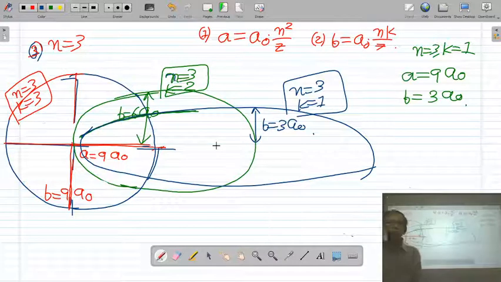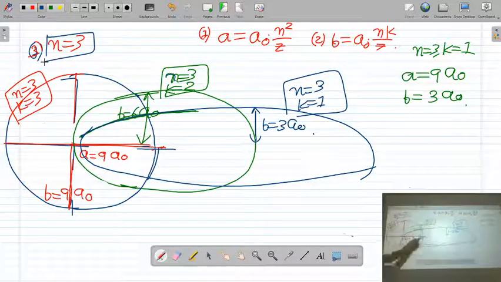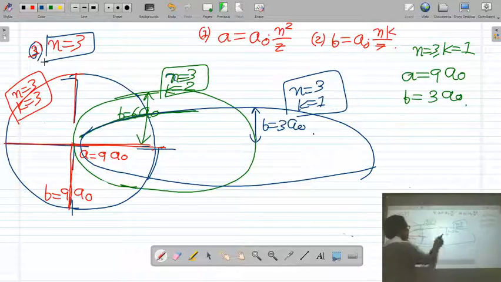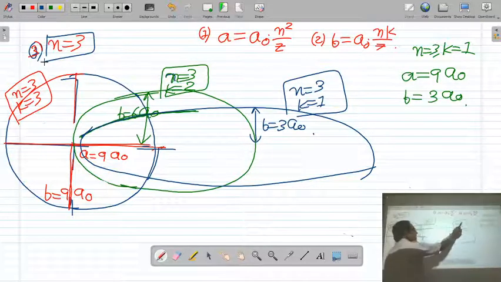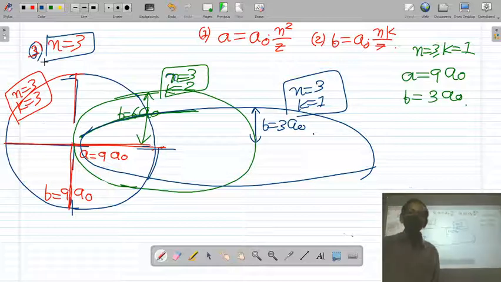Now here, the energy of the electron. For all these orbits, n is 3, and only k is different.